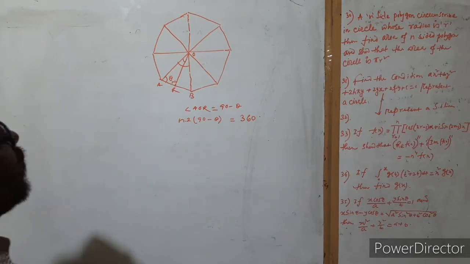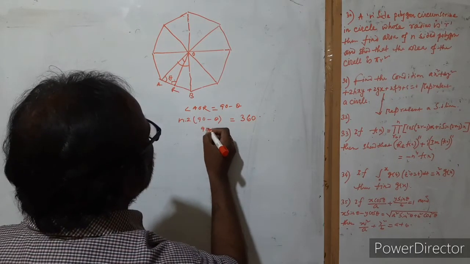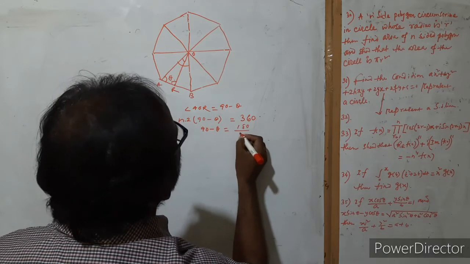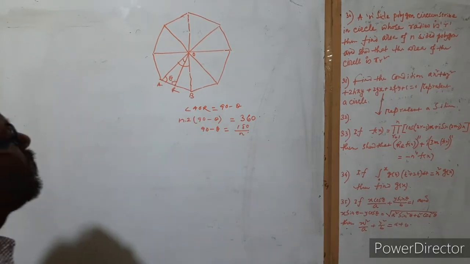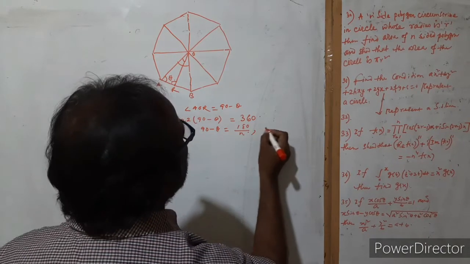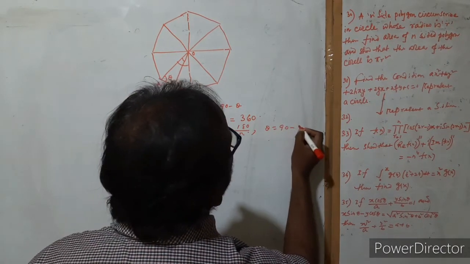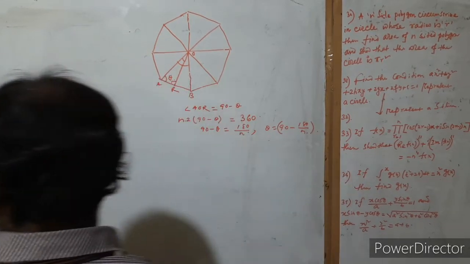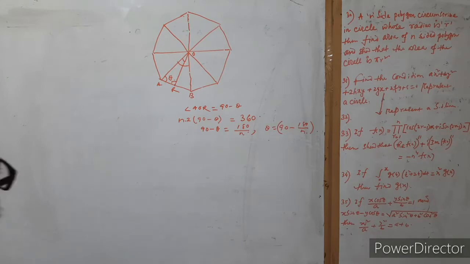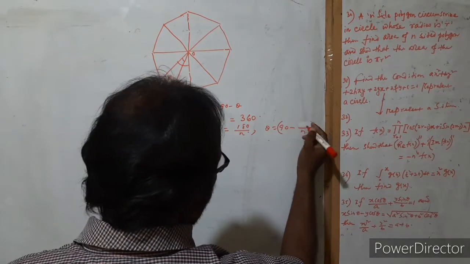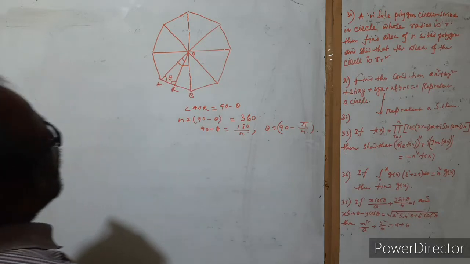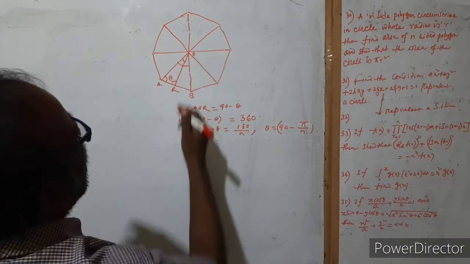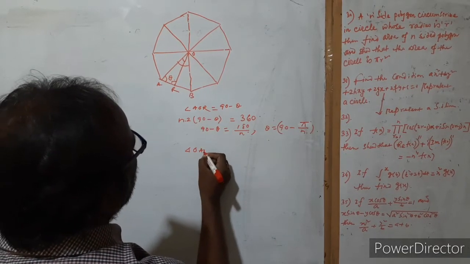From that, 90 minus theta is equal to 180 by n, and theta is equal to 90 minus 180 by n, that is pi by n. Now we have to find the area of triangle OAB.